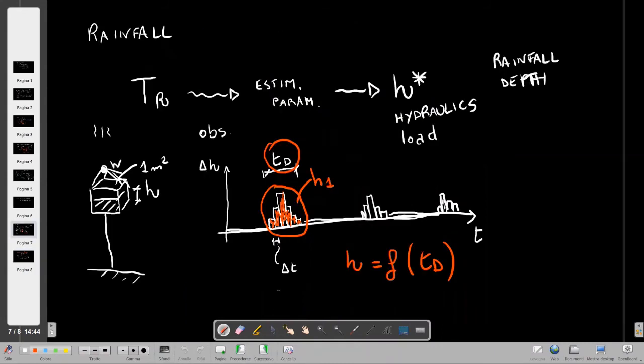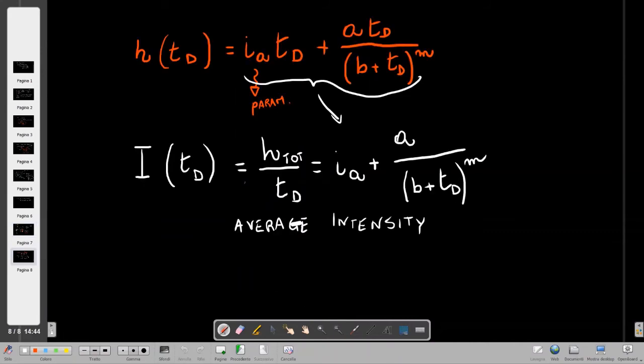So I repeat, when we take into account a given event, we can estimate the total rainfall depth, that is actually a kind of volume of water per unit area, and then we can define a kind of average intensity, defined as the ratio of the total rainfall depth during the event over the duration of the event.